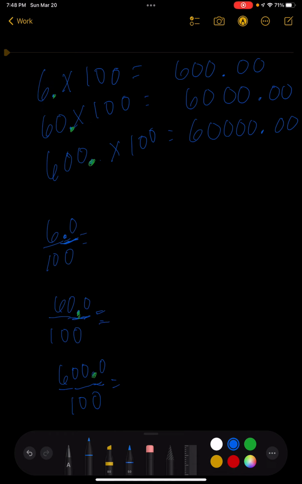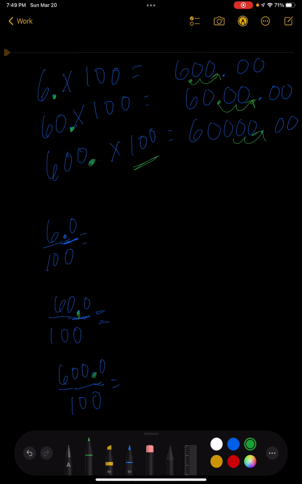I chose to put the zeros after as if it was money, because that's how we would write money, 2 places after the decimal. Let's take a look at what happened to it. It's here after the 6, but what happened? 1, 2. After the 60, but now 1, 2. Right over here. After the 600, but now 1, 2. So see that? 2 place values to the right every single time you multiply by 100.